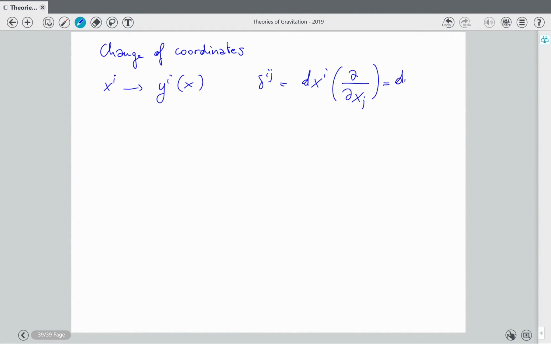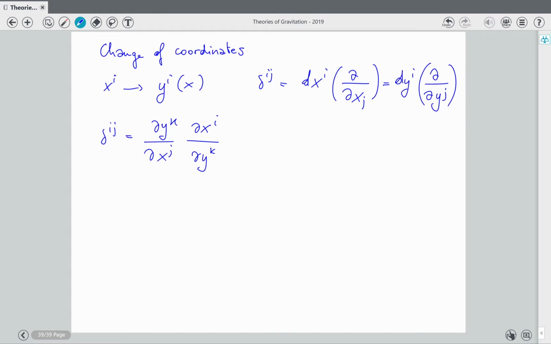And the same thing here, you can write it like this. And you can also write it by exchanging the two indices i and j, because this is symmetric. Another obvious identity is that delta ij is equal to this object, because it's equal to the Jacobian times its inverse. That is another obvious identity.